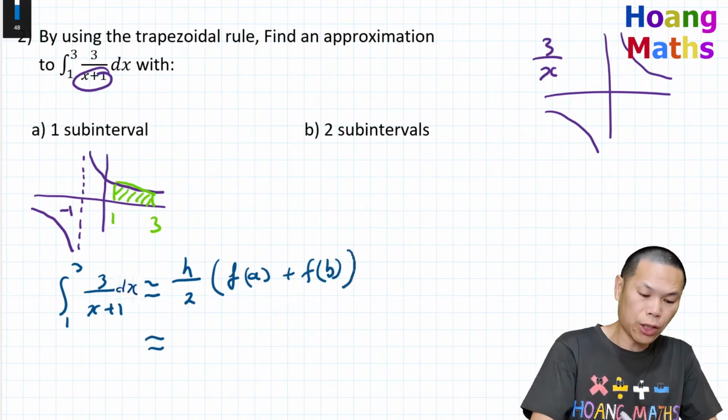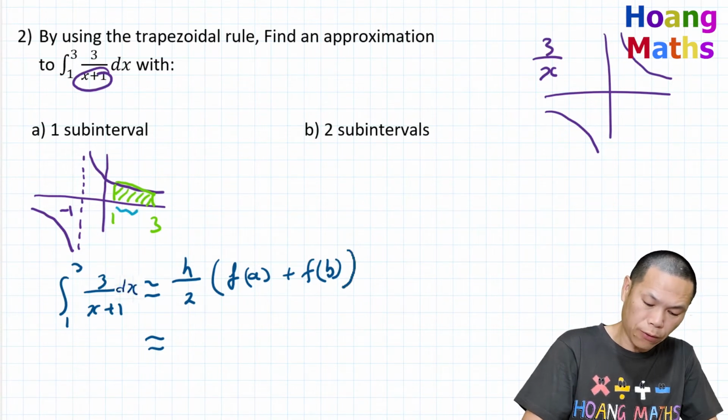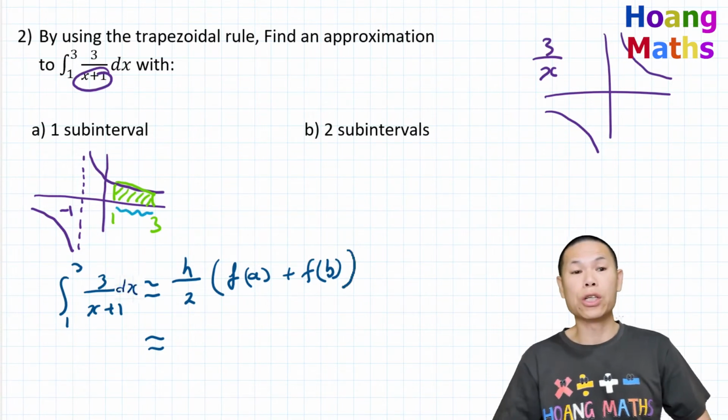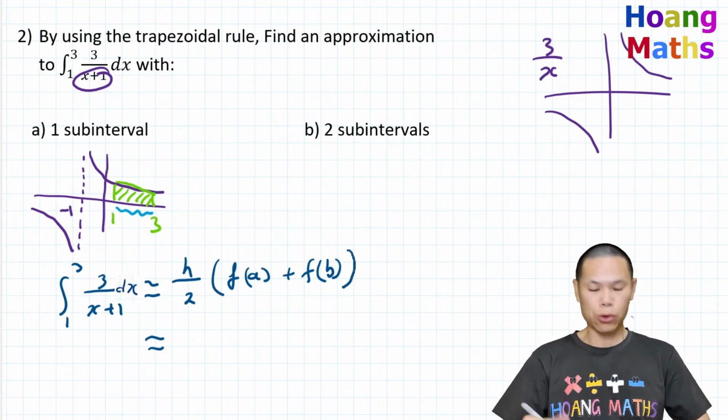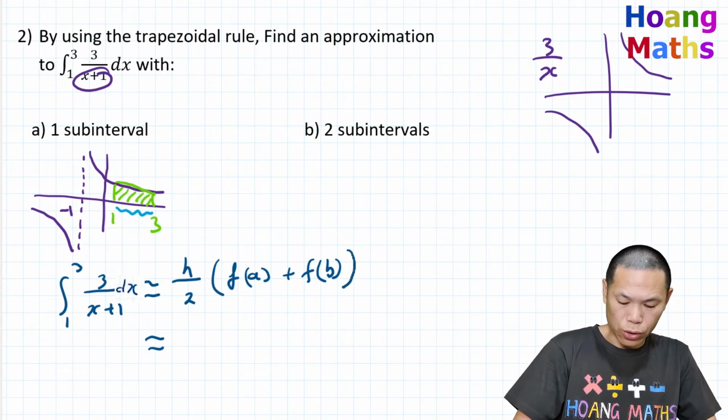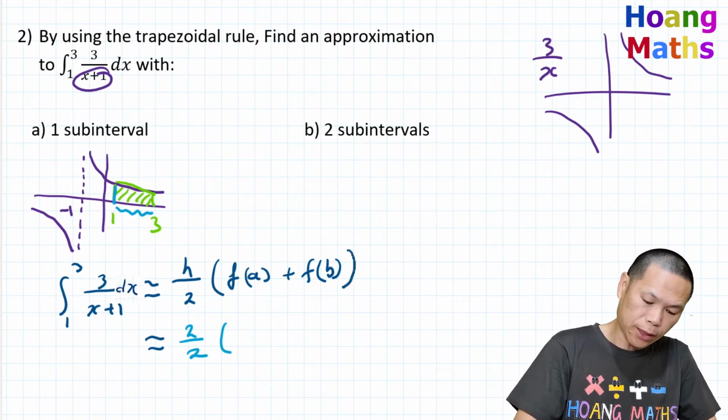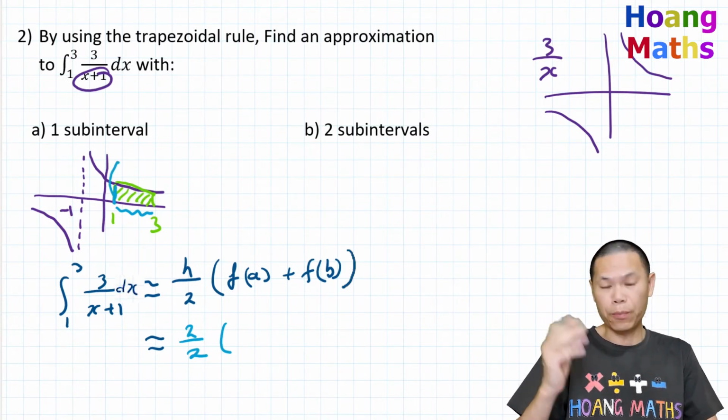So h is the width of the strip. So this is from 1 to 3. We can just go 3 minus 1, which gives me 2. So h is 2. So we just write 2 over 2. f of a, so the length of this, okay? a is the start, from a to b.